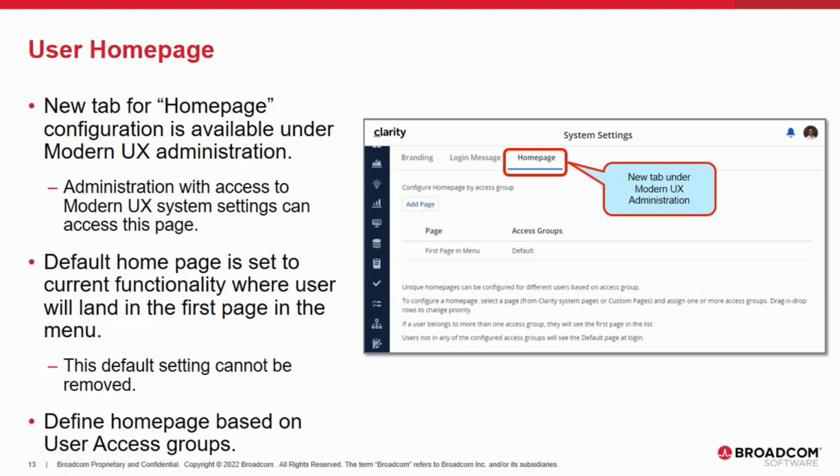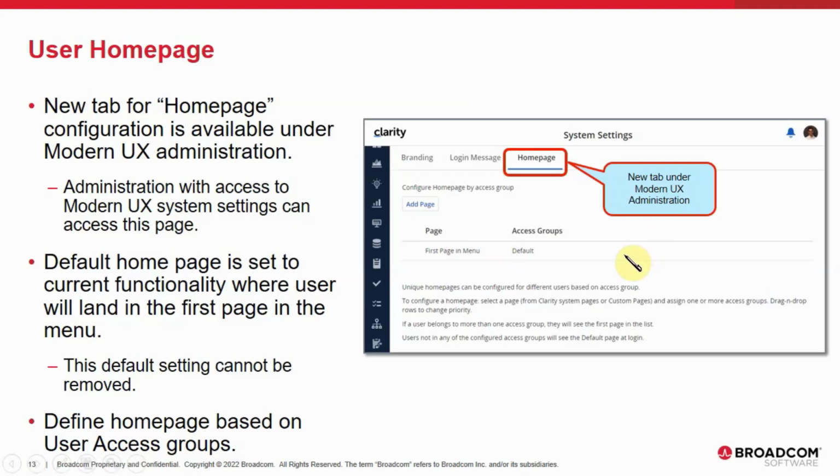This basically is the same functionality that existed prior to 16.0.2, where any user that does not have a home page configured will always land on the first tile that they have access to in the Modern UX. Upon upgrade, this would be the behavior for all end users, which is the same as it is today.